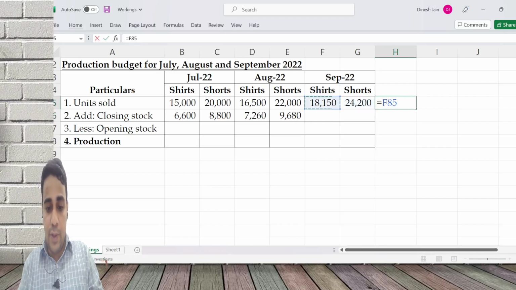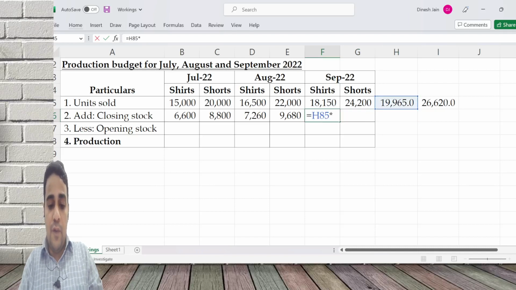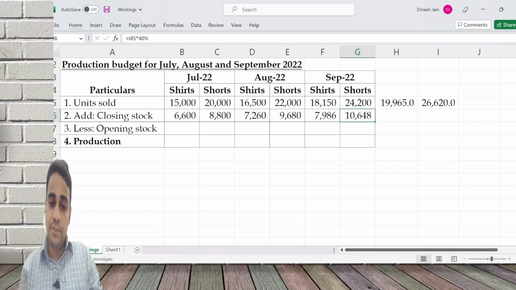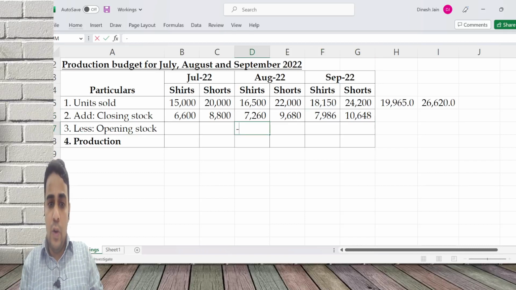October sales is going to be an extra 10%. Stock is 40% of this, 40% of next month sales.